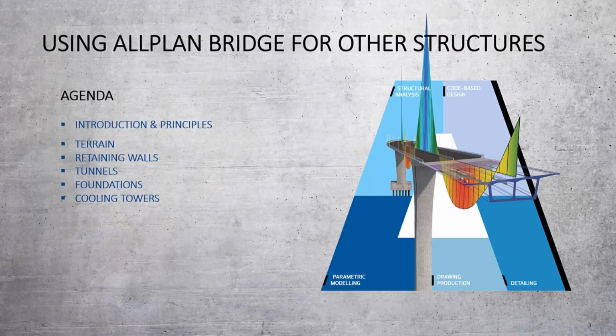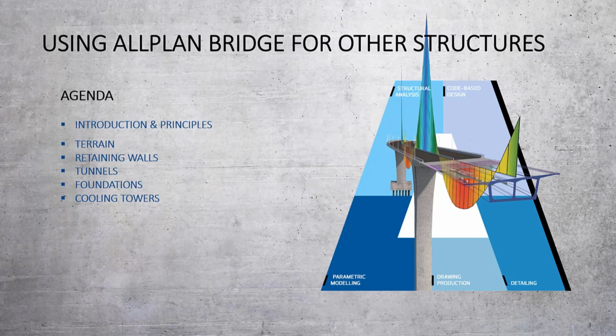In the next step, I would quickly like to go over the agenda so that we know what we're going to see today, what we're going to talk about today. First, we will quickly do a recap about the introduction and about the principles of the Allplan Bridge solution.